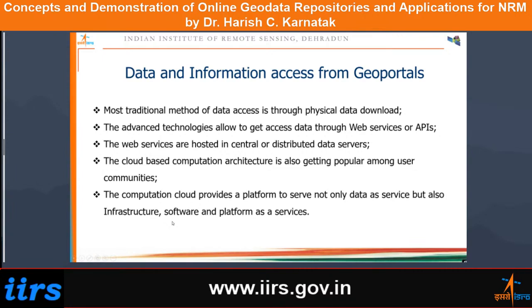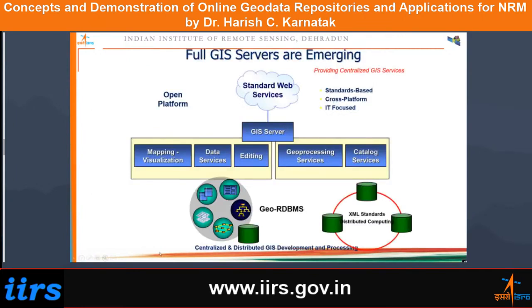Right now you have to understand that these web services and APIs are hosted in the cloud computation infrastructure. And if you talk about GIS, similarly, in geographic information systems, servers are also emerging. These GIS servers are very powerful, and they not only host the data but also provide various utilities or software tools to their users, like online mapping.